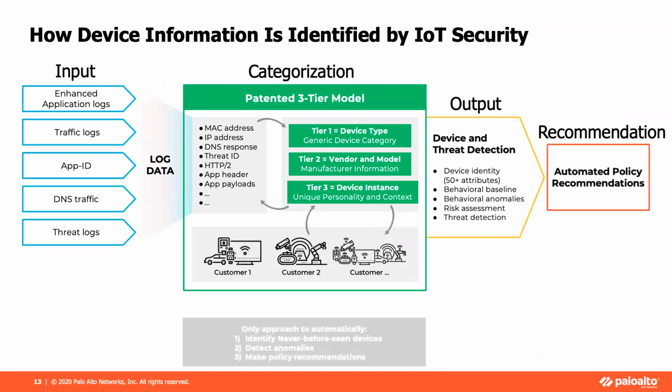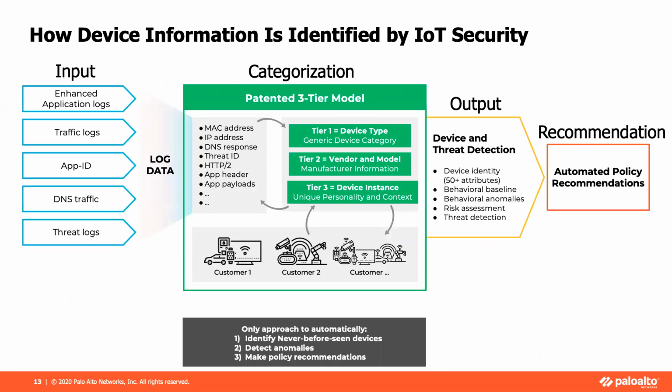So we take all the inputs we get: our EALs, our enhanced application logs, our traffic logs, information we get from App-ID, DNS traffic, threat logs. All those things are inputs that help us understand device types. Is this a security camera? Is this a card reader?